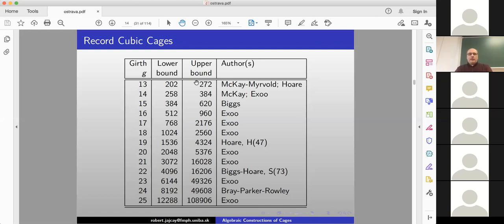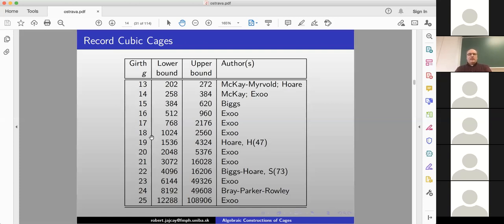So if you ever run in your career into a graph where each vertex is of degree 3 and the girth is 13, count the number of vertices. If your graph will have fewer vertices than 272, then you will replace Mackay, Myhrvold, and Hoare in this table, and the order of your graph will be here and your name will be here.